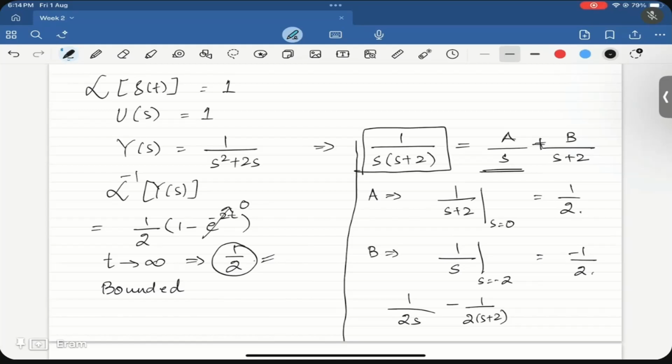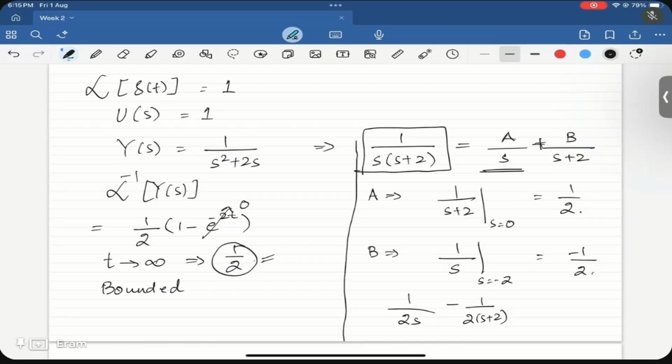Okay, and can you identify whether this system is BIBO, bounded input, bounded output, stable or not? It's stable, ma'am. So what is the definition of bounded input, bounded output stability?